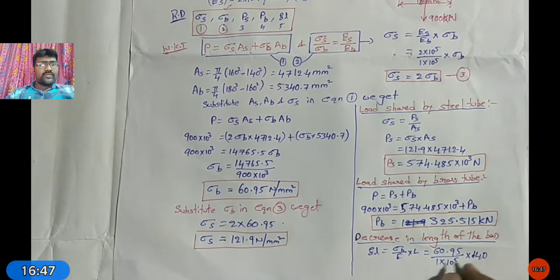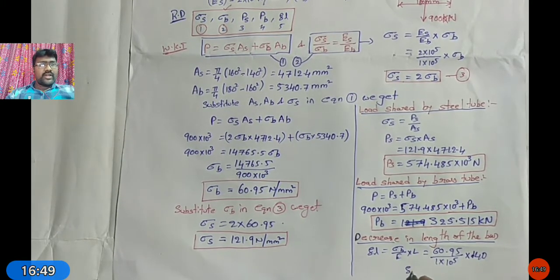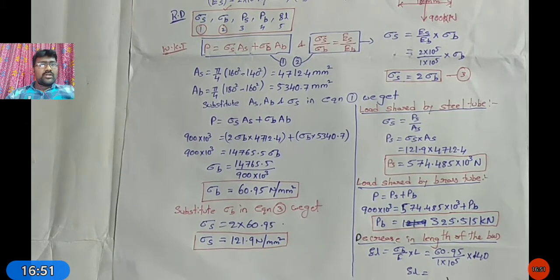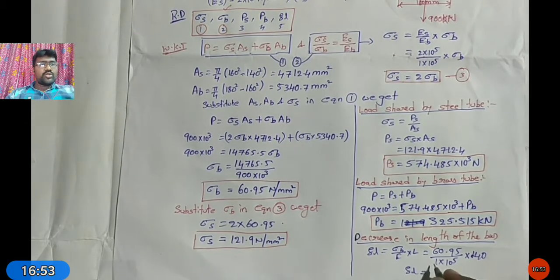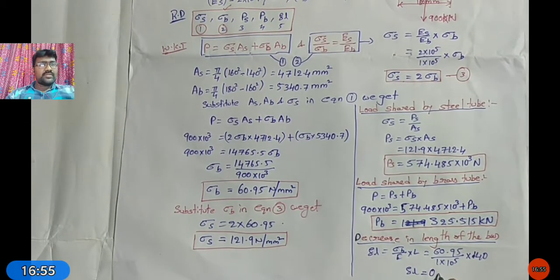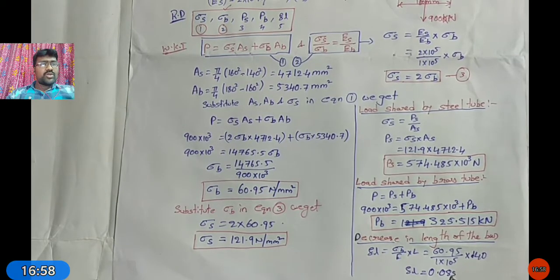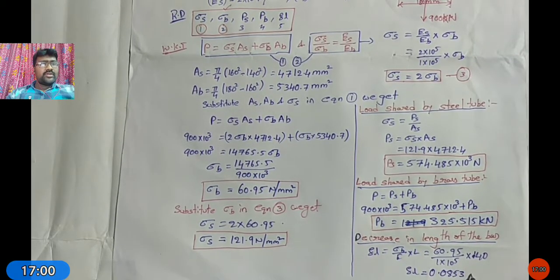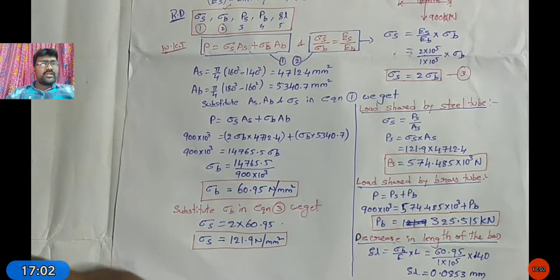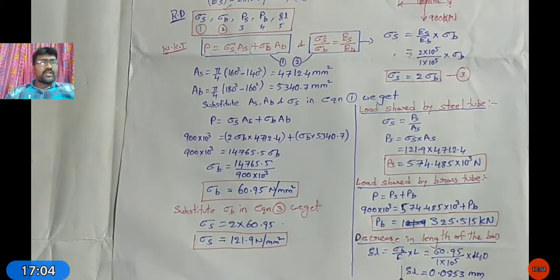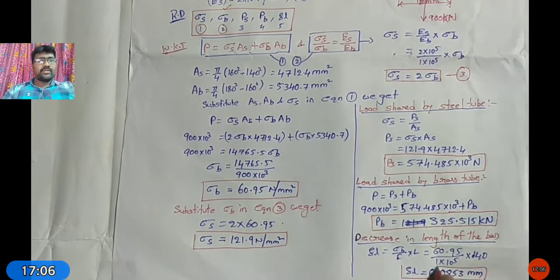By simplifying this equation, we'll get the value of shortened length due to the load, that is 0.0853 millimeters. It is the amount of shortened length. Okay, thank you.